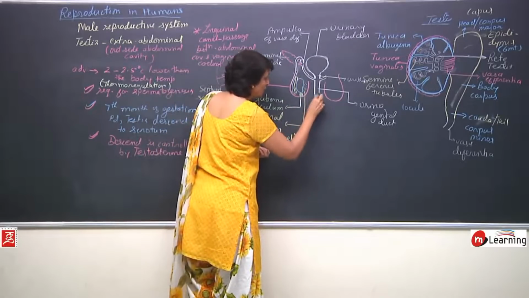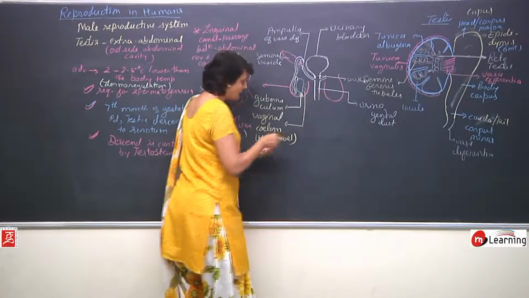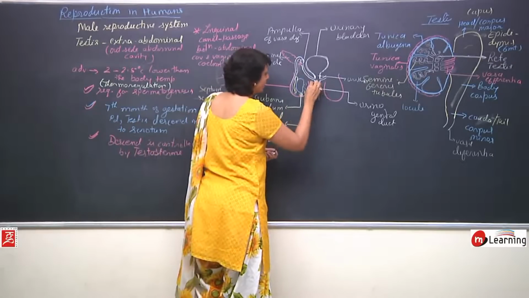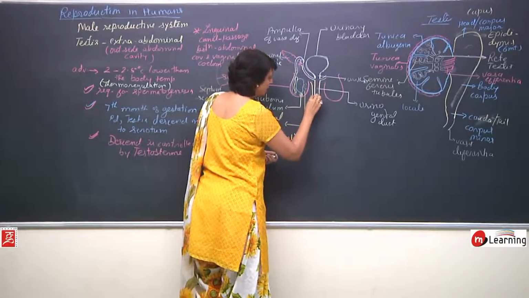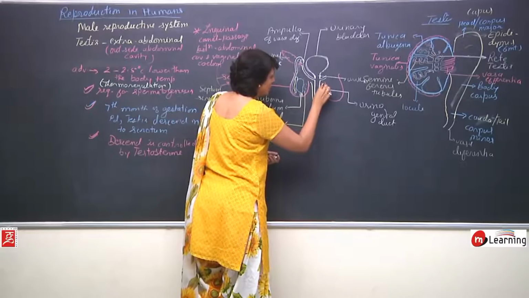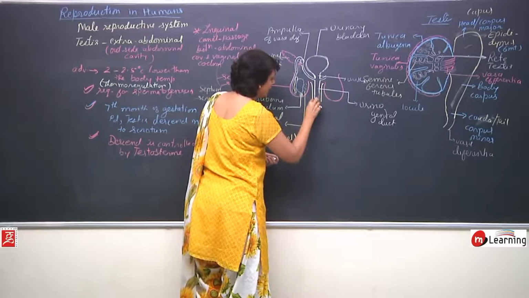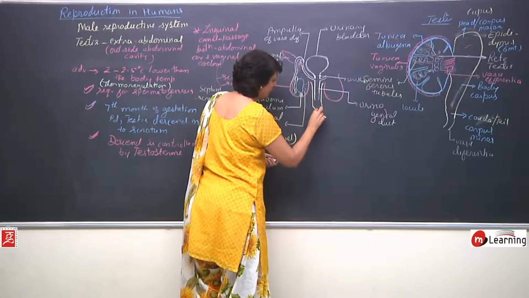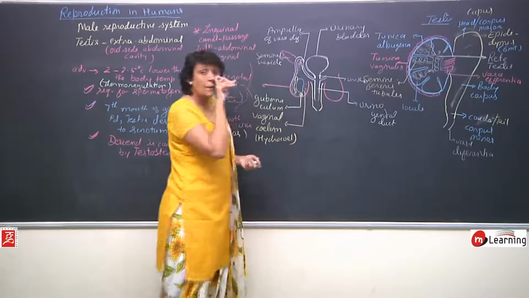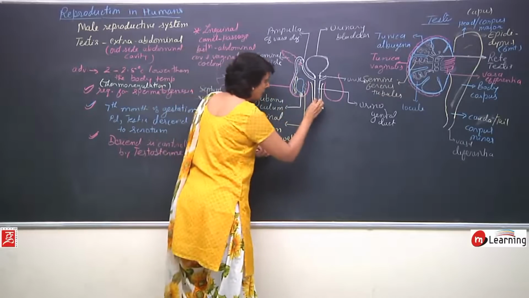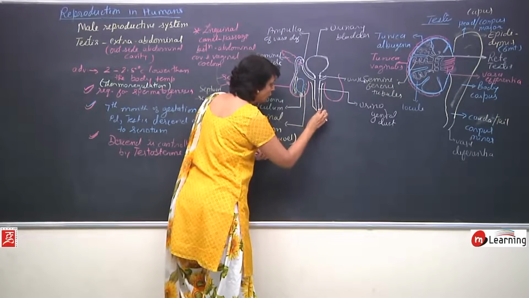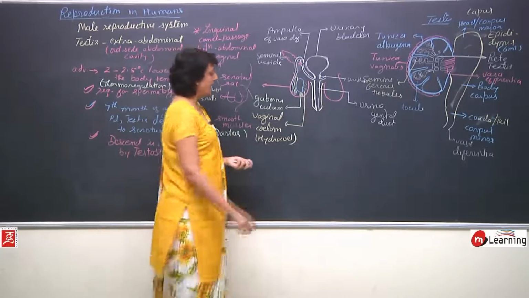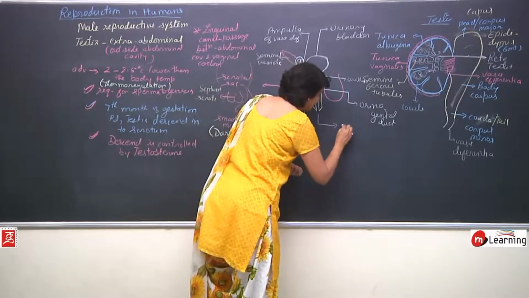This urinogenital duct passes through a muscular structure which is the external genitalia, that is penis. The opening of the penis is slit like and is known as glans penis.